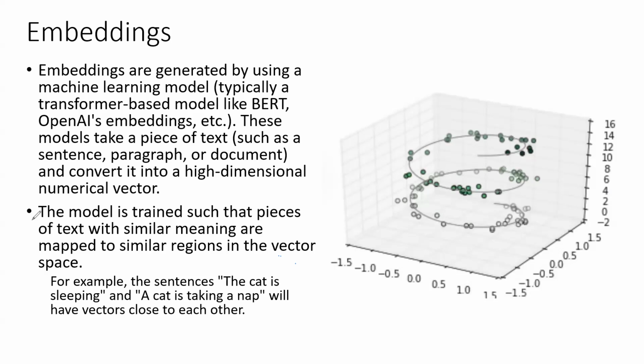Surendra: 1500 dimensions means to represent one word or one chunk, it will have 1500 data points to represent it? Exactly. For example, this particular point has some value, right?